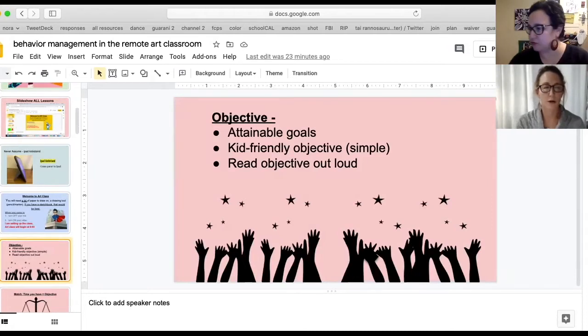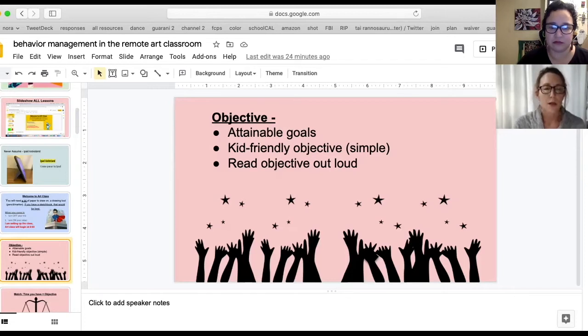And going along the lines of having those slideshows, again, we are never assuming that the students know what we're going to do today. So one thing you want to make sure is that you have a clear and attainable objective. This objective needs to be very simple, something that the kids can understand in kid-friendly verbiage.